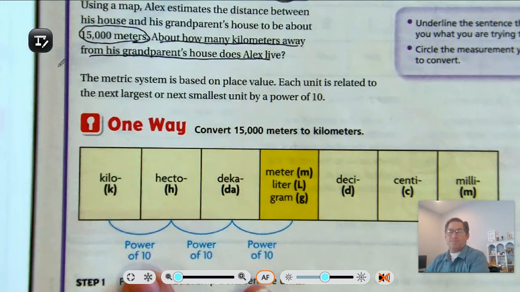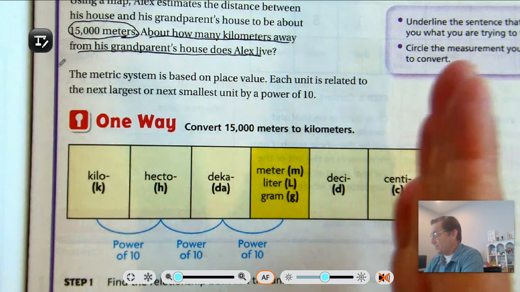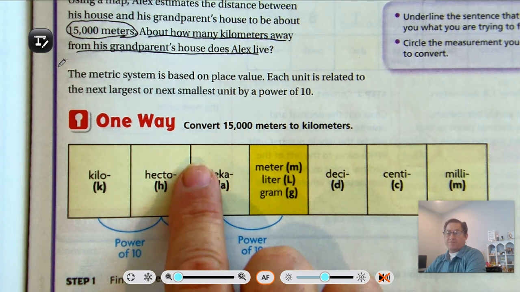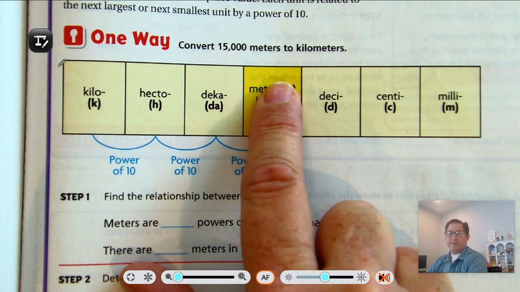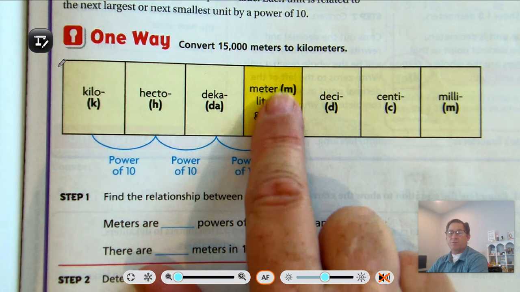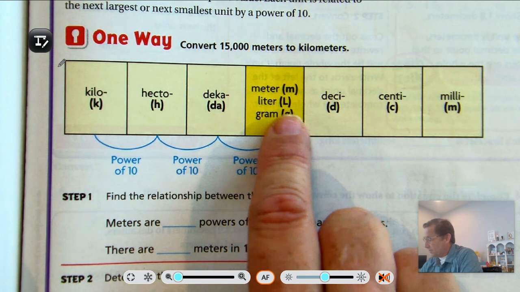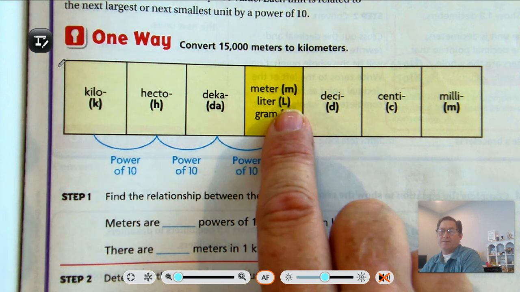Now, one of the nice things with the metric system is that it's based on place value, and every unit is related to the next largest or next smallest unit by a power of 10. So when we look at converting 15,000 meters to kilometers, let's look here. We have meters in the middle, and those are what we call our basic measurement: meters, liters, grams. If you go to the left just one spot, those are decameters, decaliters, or decagrams, and they're 10 times greater than a meter.